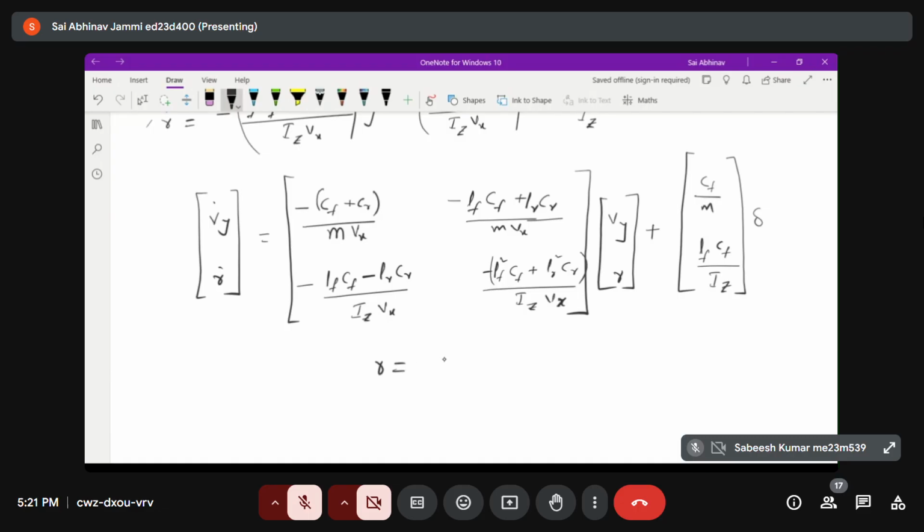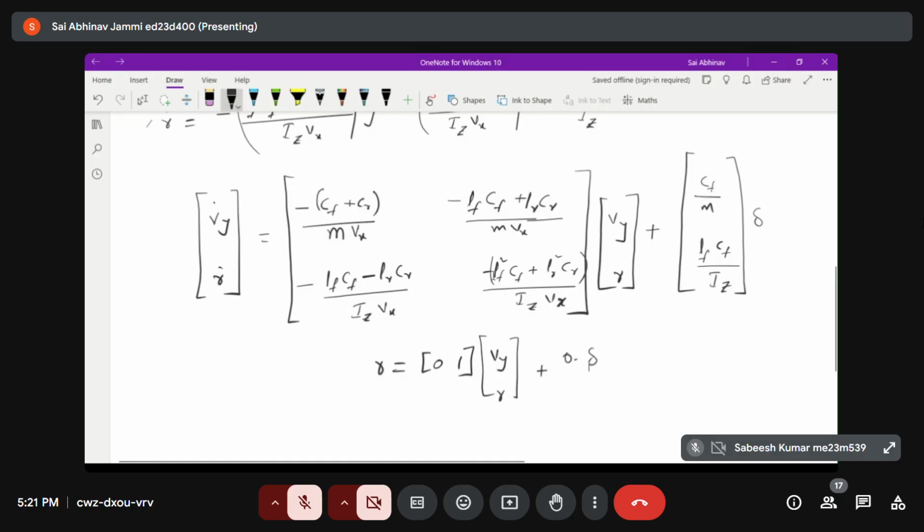So how will I extract this? Because the states are very easily situated, they themselves have the R term, so I can directly plug in 0 and 1 to get the output R, and D will be 0. So now I have my state space representation.